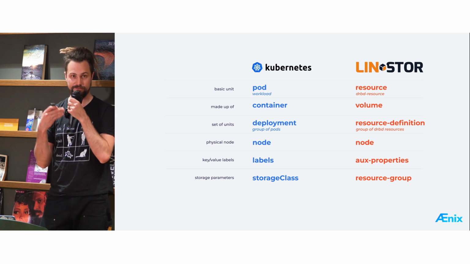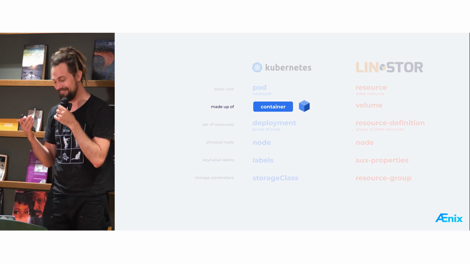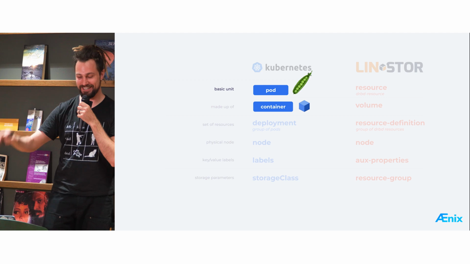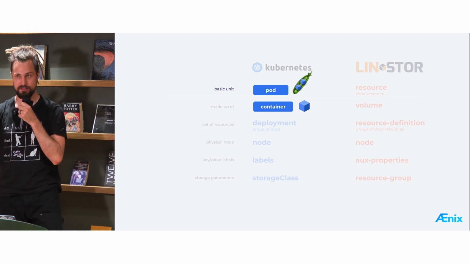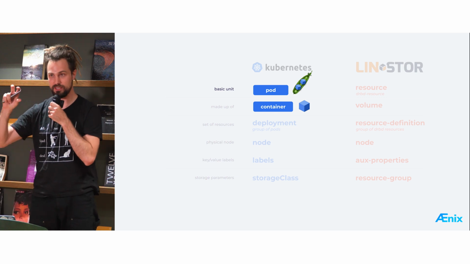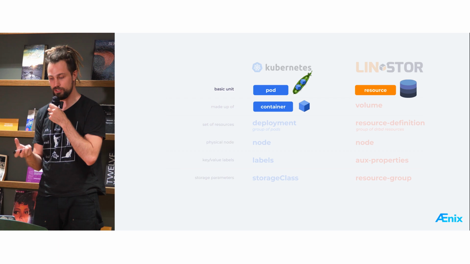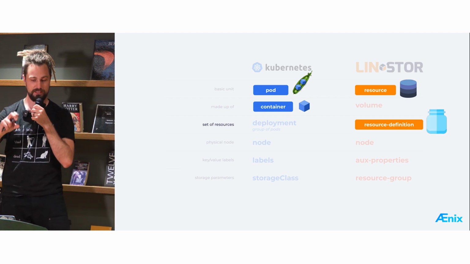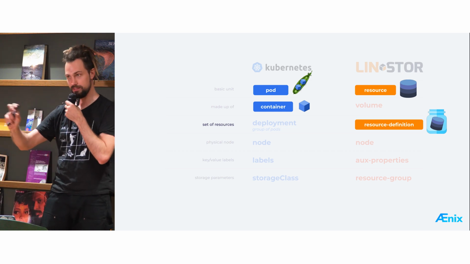In the interface, we have some similar things. Kubernetes has the pod as the minimal entity which describes the workload, and in LINSTOR we have such a minimal entity. It's called a resource. In Kubernetes, pods consist of containers. In LINSTOR, resources consist of volumes.